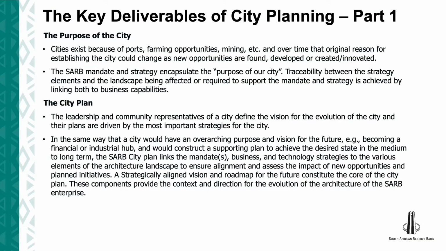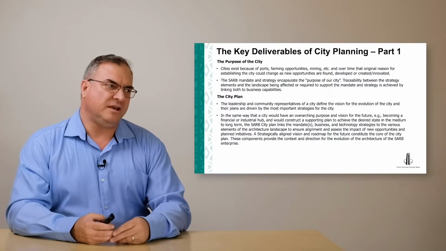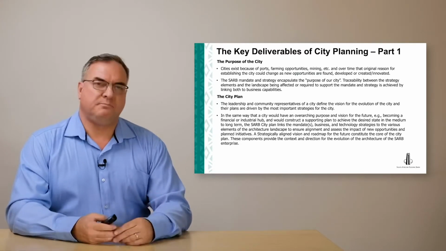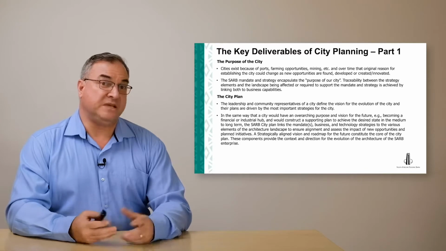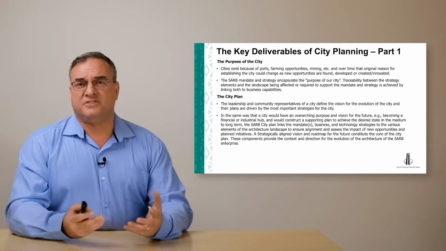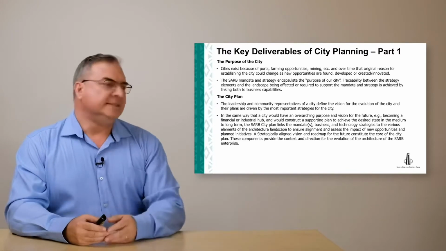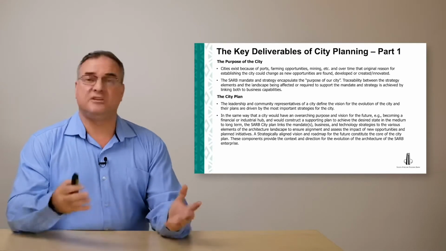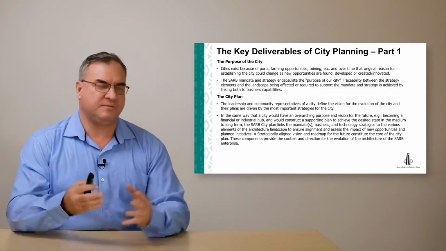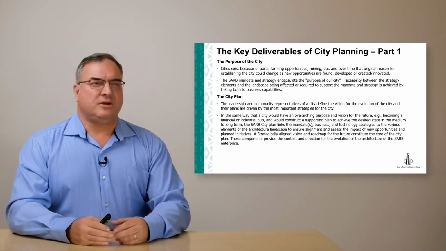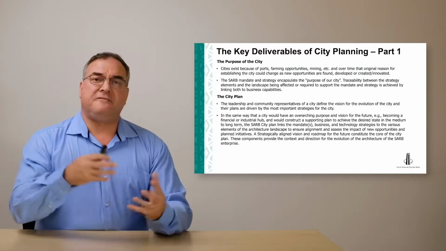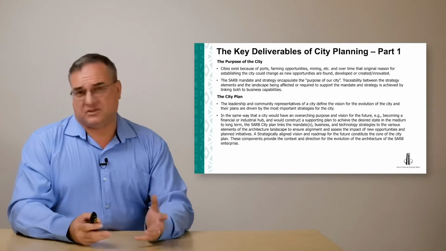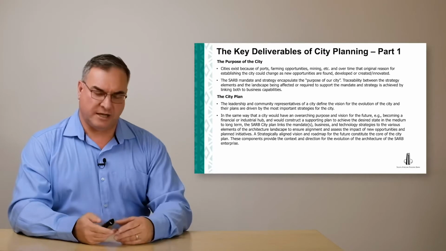The elements that we've settled on in describing the city plan metaphor analogy include the purpose of the city, so the mandate and strategy and the purpose of a specific business or enterprise, the city plan itself or its vision, the roadmap, where does it want to go, the zoning plan for where certain developments should take place and what the parameters or the guidelines or rules are for development in that space, building codes, so the best way to define or develop or implement certain infrastructures, and approved building material lists or standards and guidelines.